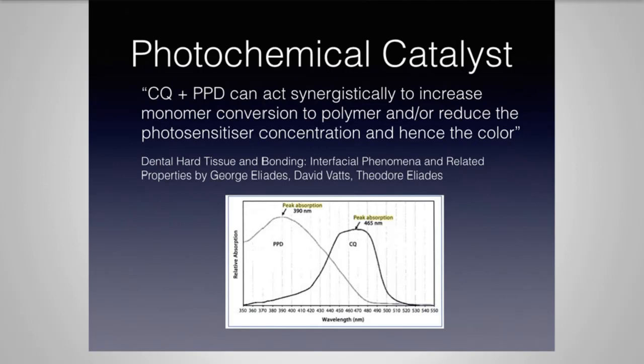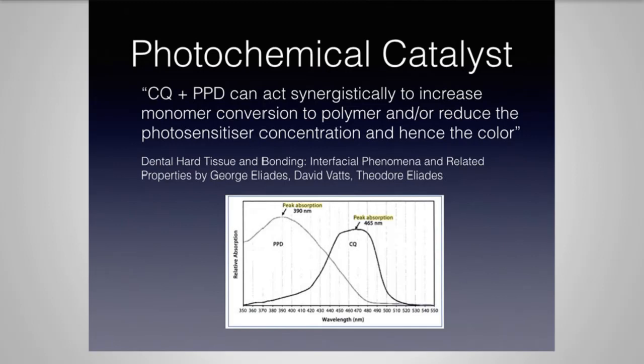Interestingly enough, studies have been done on LEDs, on dental hard tissue and bonding, the interfacial phenomena and related properties. They stated in the study that when you put CQ and PPD together, they can act synergistically to increase monomer conversion of the polymer, reduce the photosensitizer concentration, and then improve the color.